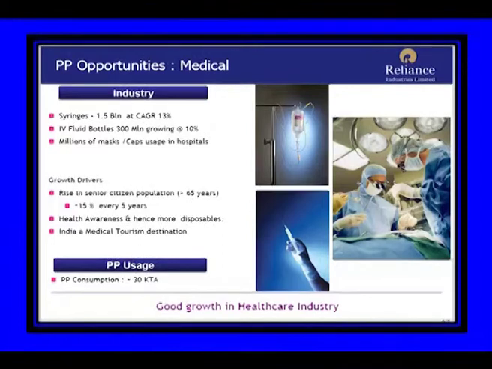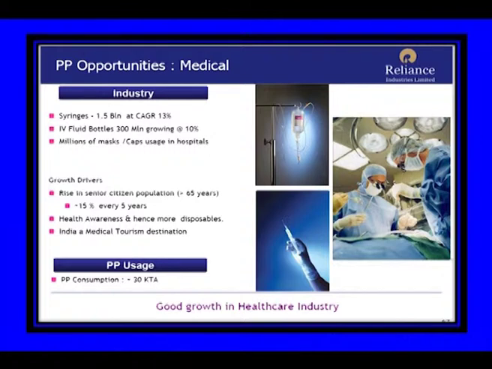That is 1.5 billion, huge. Now we are with the coming of polypropylene at a very cheaper rate. Now it is the disposable syringes, millions of masks that we are using, caps used in the hospitals. These are all actually polypropylene, fibers also are being used.